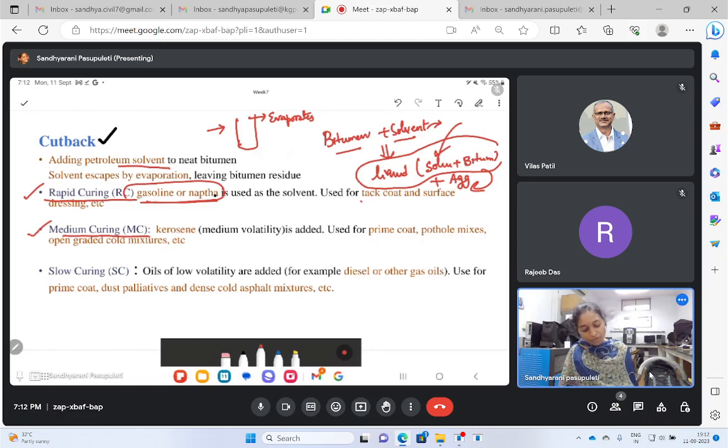These are also used for tack coat applications or surface dressing. In medium curing, kerosene is used because of its medium volatility, so it can be used for prime coat or other applications. And in slow curing, it takes a lot of time to evaporate, like gas oils and some other diesels.